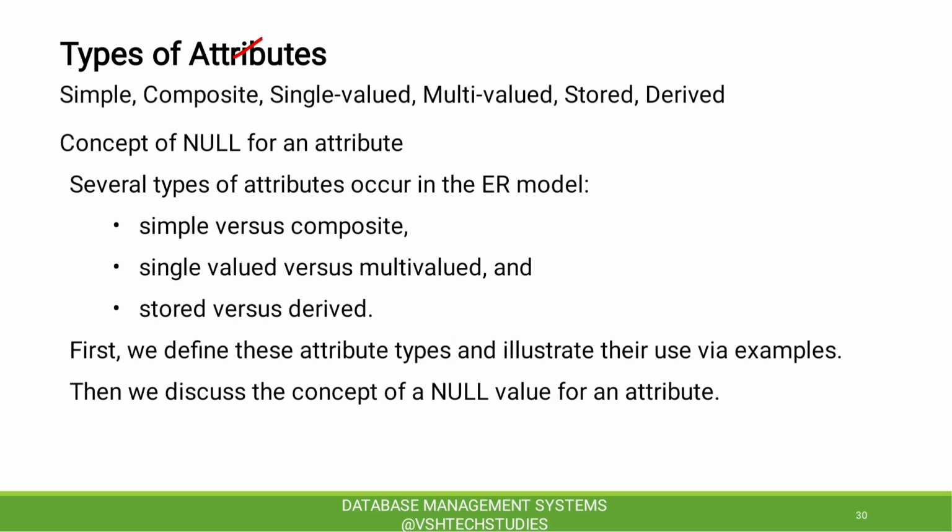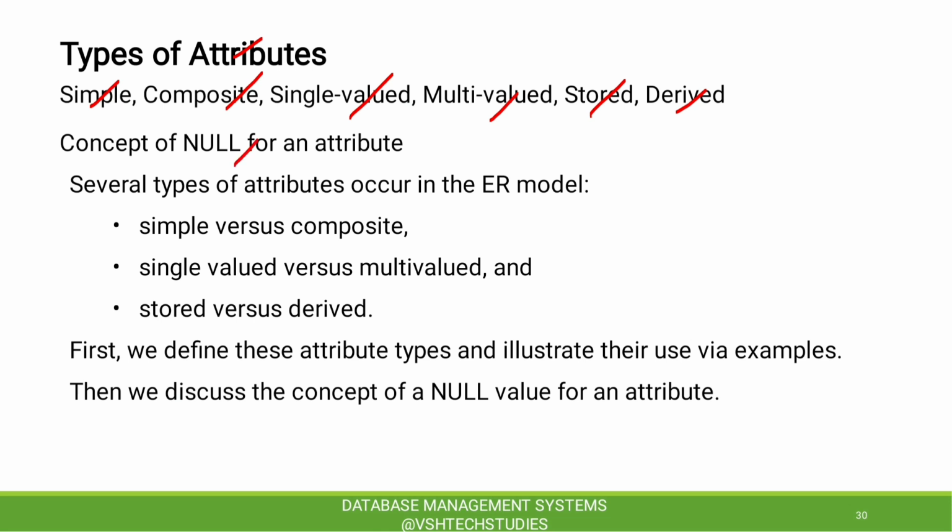So first let us recall what is attribute. Attribute is the property of an entity. There are different types of attributes, namely simple attribute, composite attribute, single valued attribute, multi-valued attribute, stored attribute and derived attribute. Then we shall study the concept of null value for an attribute.